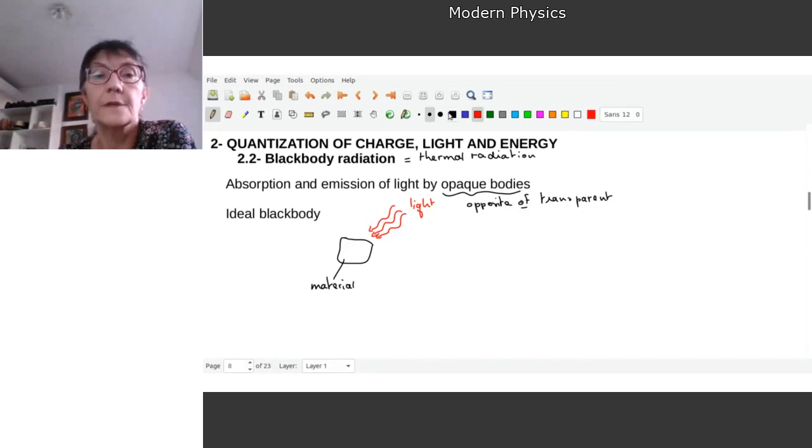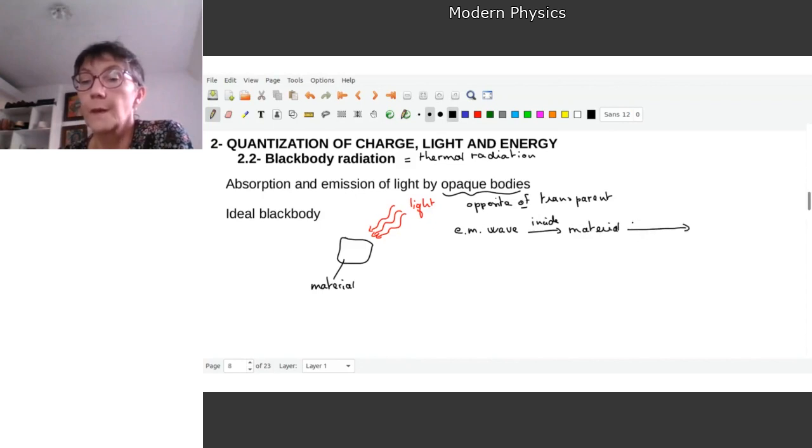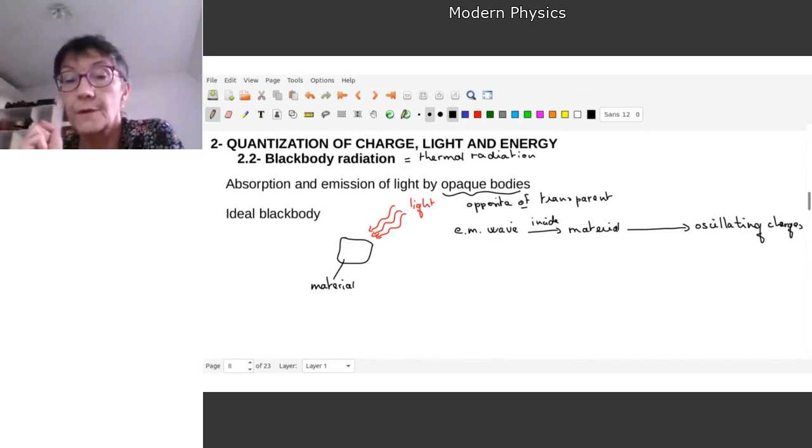So we can write it this way: light, electromagnetic wave, incident on material, so it puts oscillating charges. And so first this is absorbed by the material, and so absorption will be used to oscillate the charges inside the material.